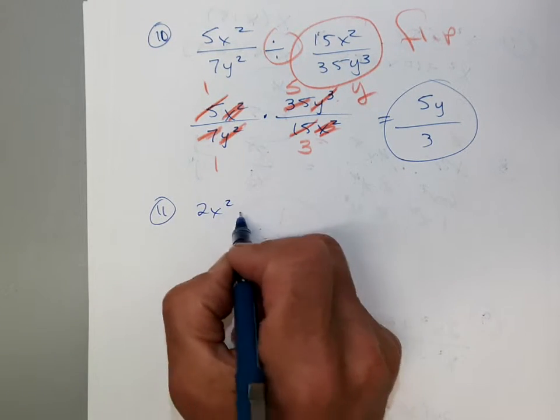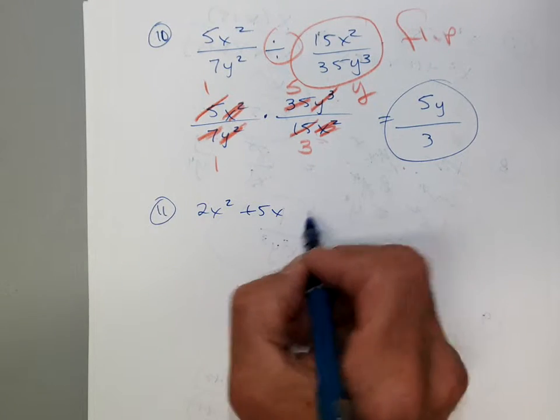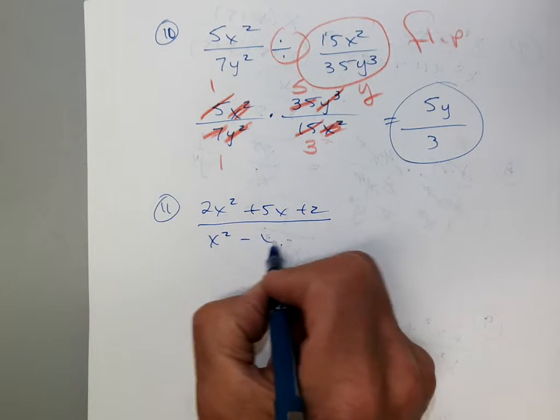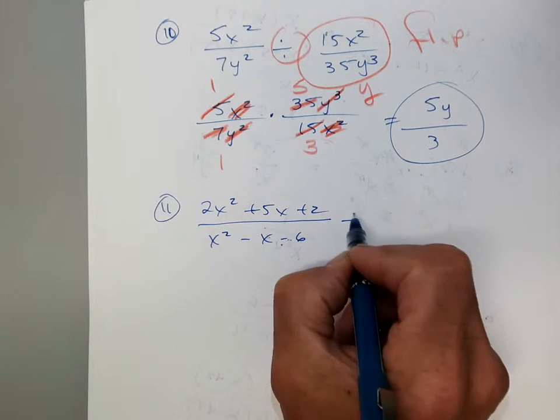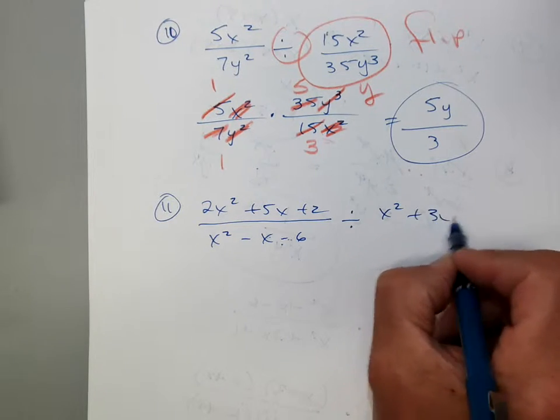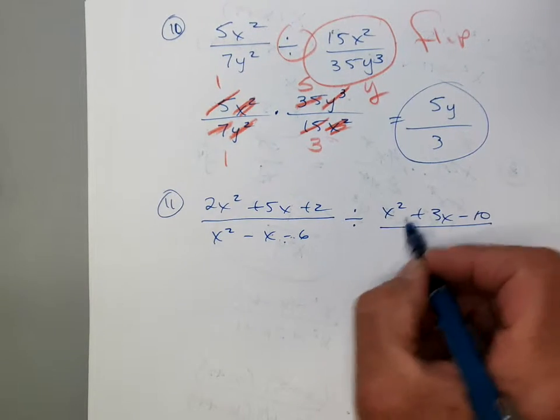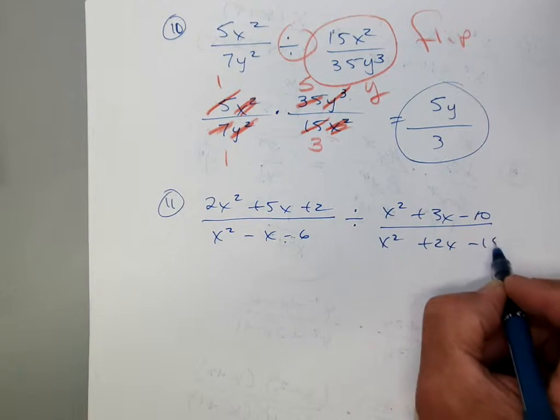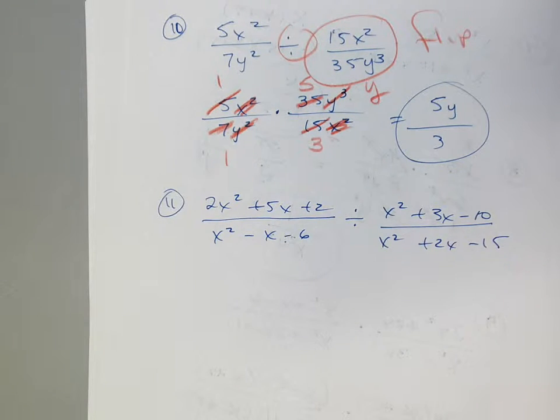2x squared plus 5x plus 2 over x squared minus x minus 6 divided by x squared plus 3x minus 10 over x squared plus 2x minus 15. Okay, so same thing, I'm dividing, right?